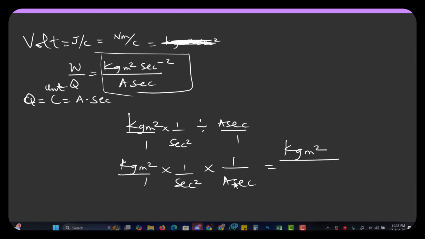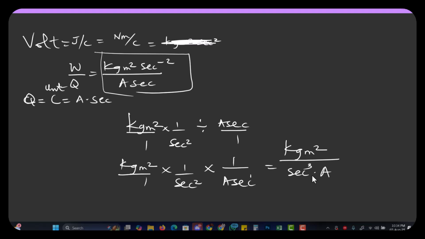Then second squared times second will give second cubed. According to the law of indices, I add the powers of the second: 2 plus 1 gives second cubed. Then I only have ampere here, so I put times A. This dot is times A, which is for ampere.